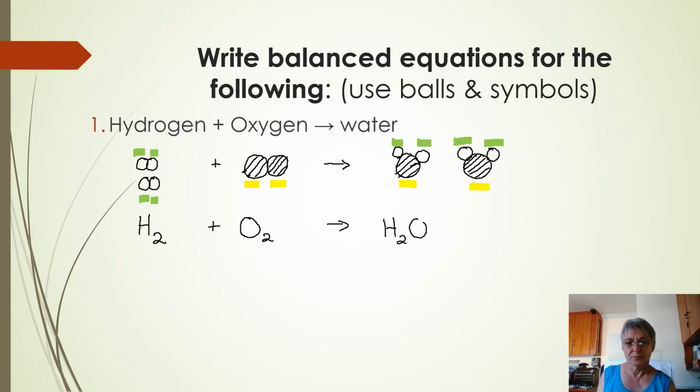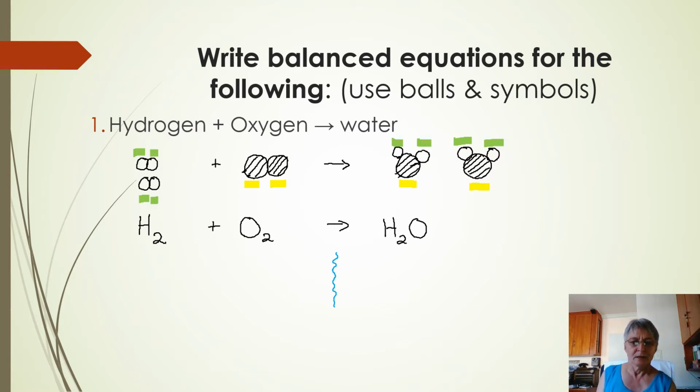Now, we could use the ball diagrams to write a balanced equation in terms of symbols, but we could also close up the ball diagrams and do it in another way. So doing it in another way, I'm going to distinguish between the reactant side and the product side by drawing a little squiggly line under the arrow.